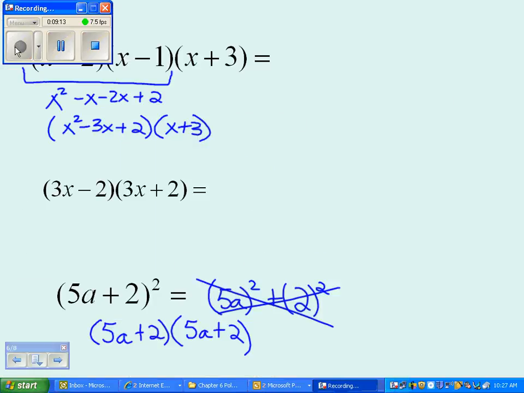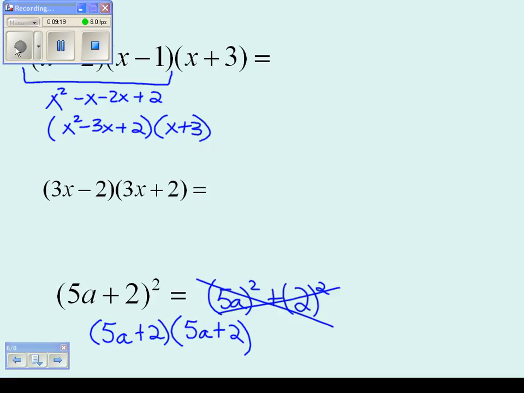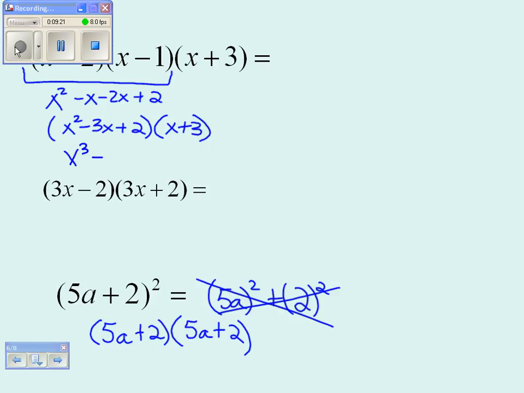Okay, what did you guys get for finishing this one? Anthony? X cubed minus 7x plus 6. Everybody agree with that? Yeah, good. And then what happens with this one? Good, because these are identical, but one's a minus and one's a plus, we know that the middle term's going to cancel out.